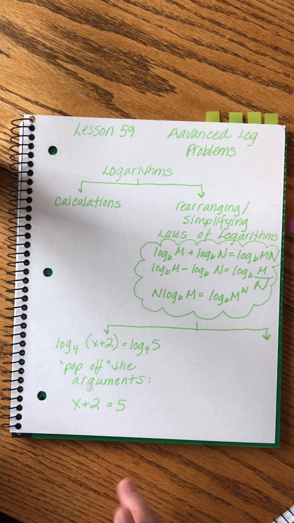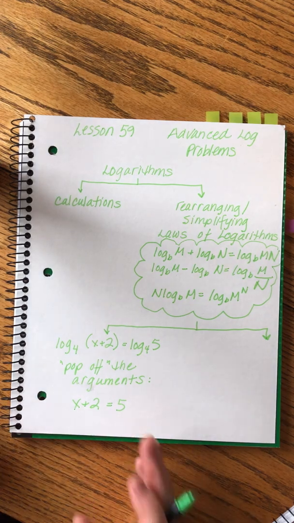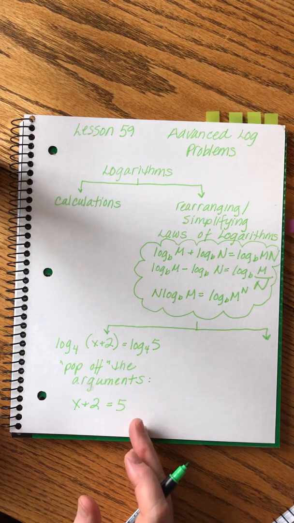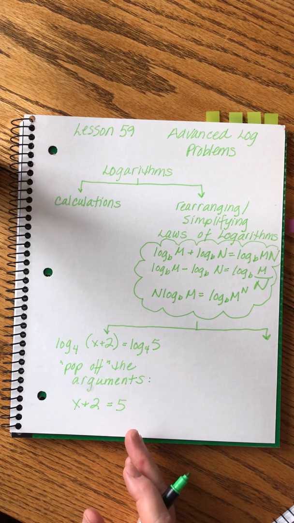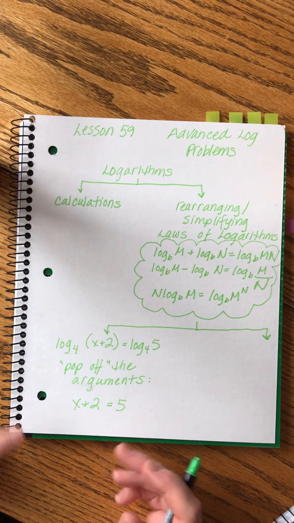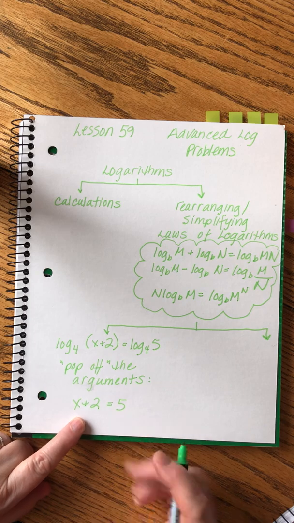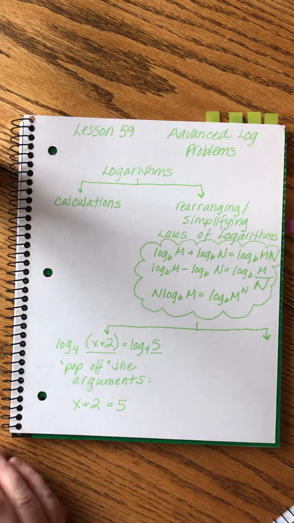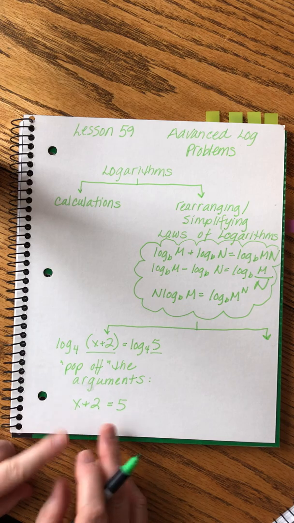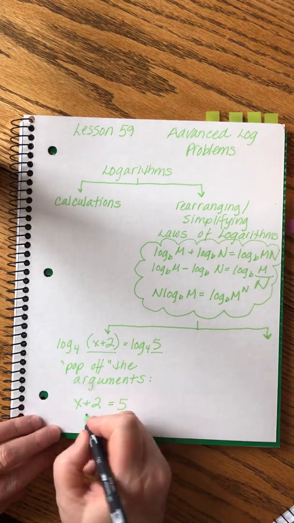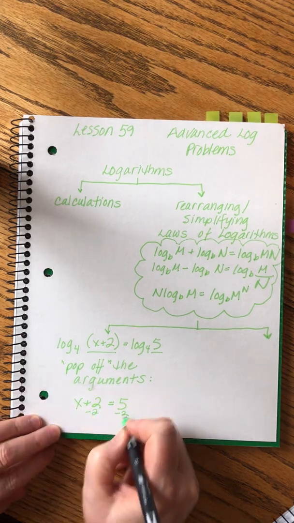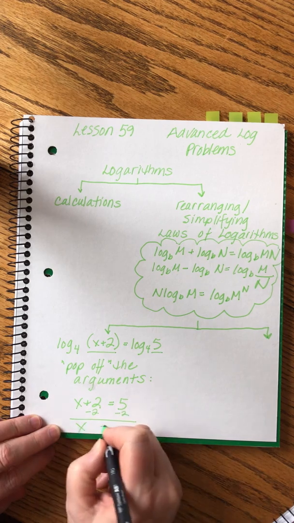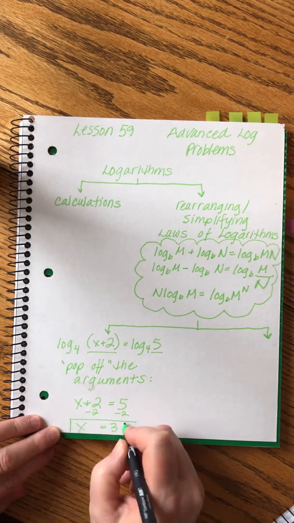There is a theoretical explanation I could give you as to why we're allowed to do that, but right now my sense is that your brain probably doesn't care. It's just important that you know we can pop off the arguments, and we can just deal with that and then solve it, of course. We'd subtract 2 from both sides and we'd get x equals 3 as our answer.